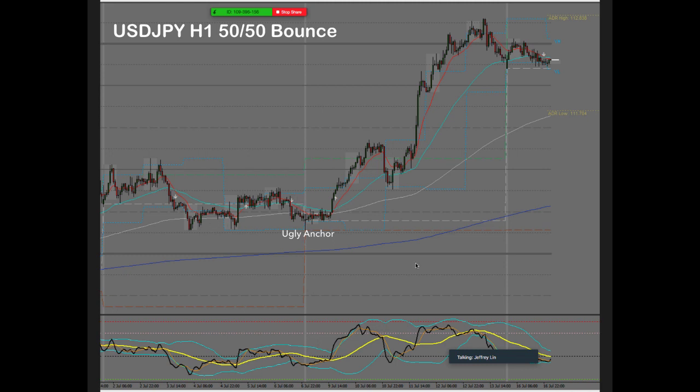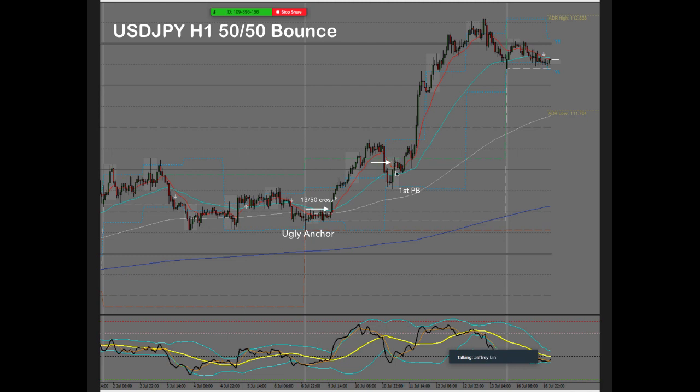And then we're looking for our, what's next? 13-50 cross. There you go. So we ride this up. And then our first pullback to the water, trapping through the 50 EMA.